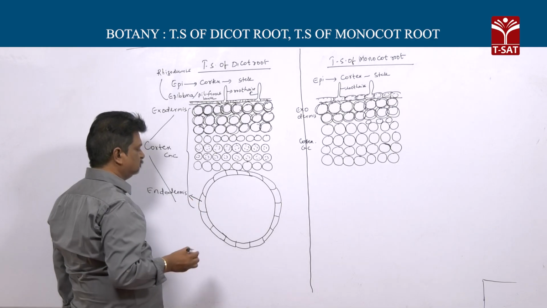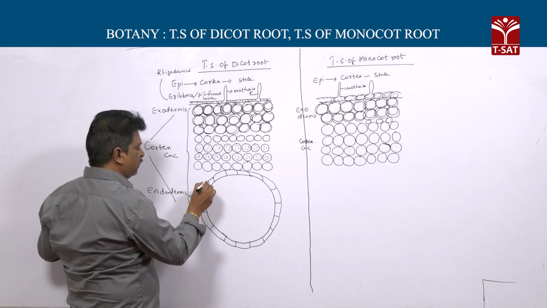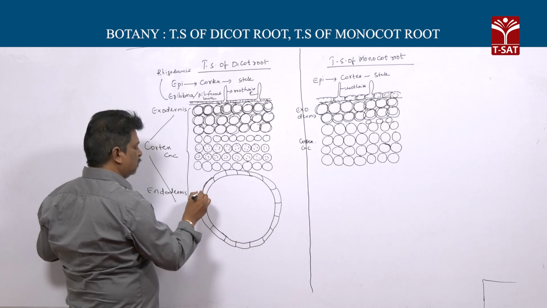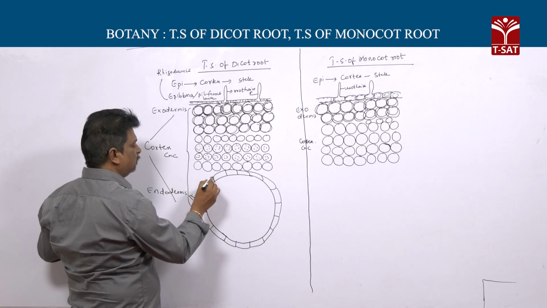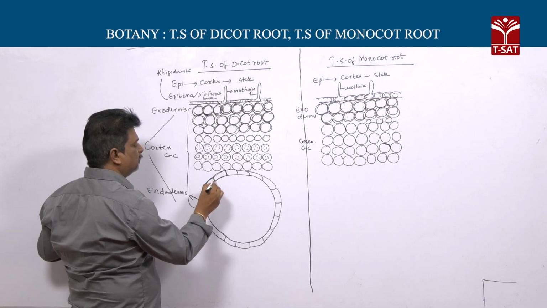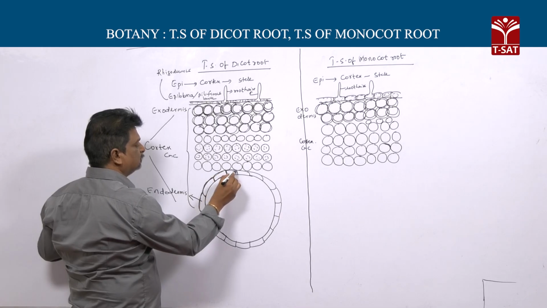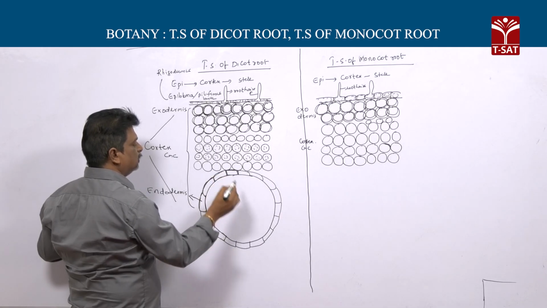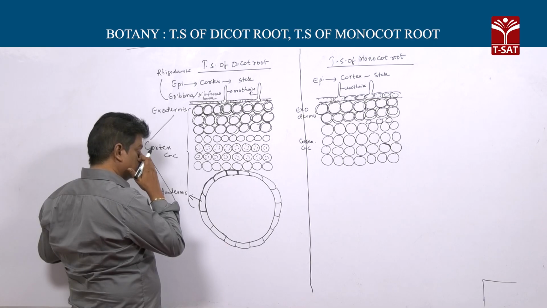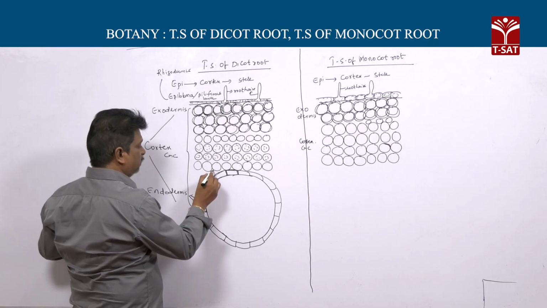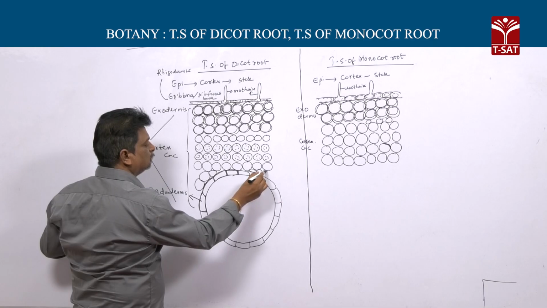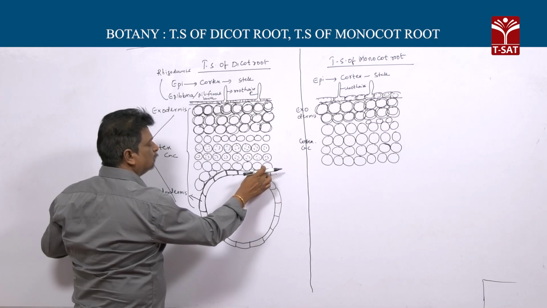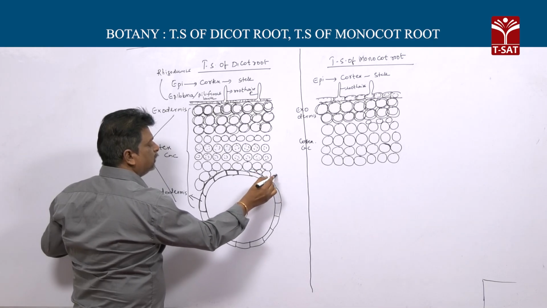In roots, endodermis is well developed. Generally, endodermis is unilayered, made up of barrel-shaped cells and cells closely arranged. So, without any intercellular spaces.